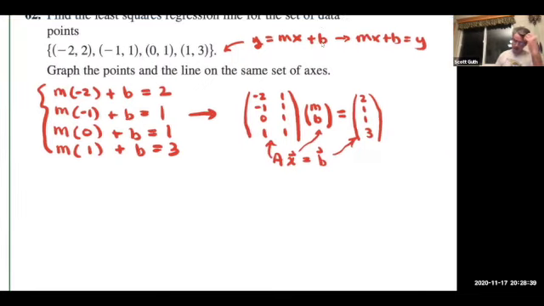Okay, and the least squares solution is found very simply by multiplying by A transpose. So you left multiply by A transpose for the least squares solution. It's the weirdest thing ever.